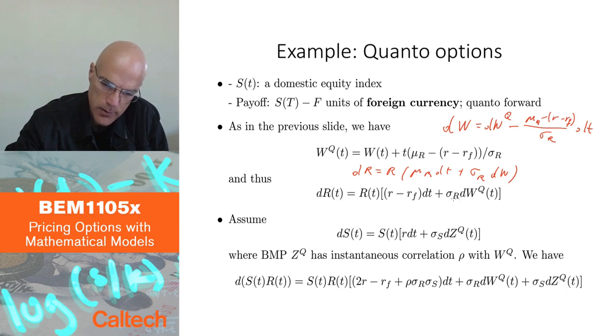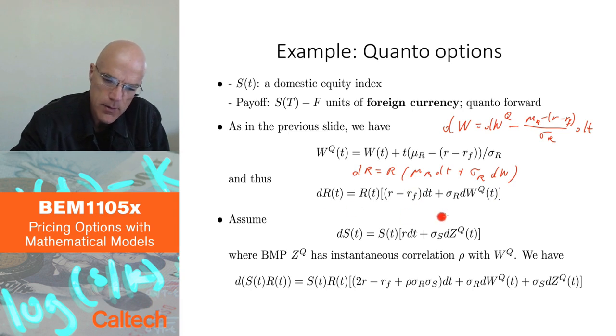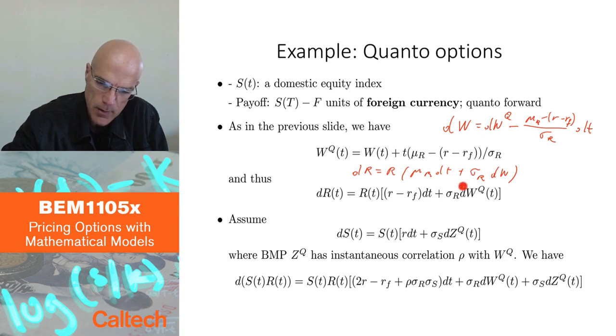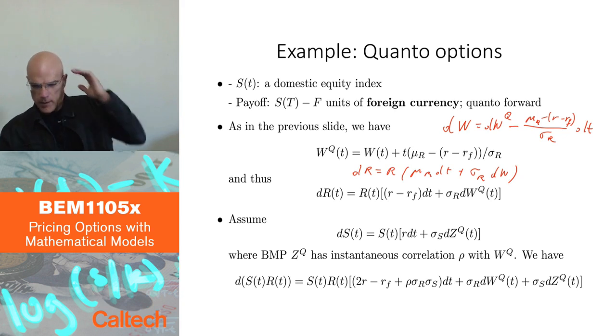Then you're going to get this dR under the Q probability. That's what we are doing. We want to write everything under the Q probability. So again, replacing this dW here by this, we get this. Fine.